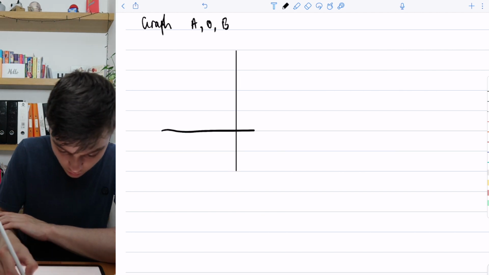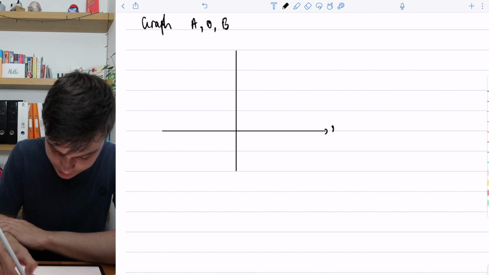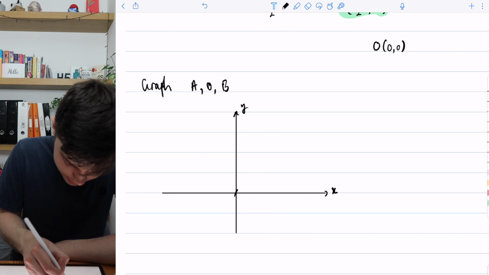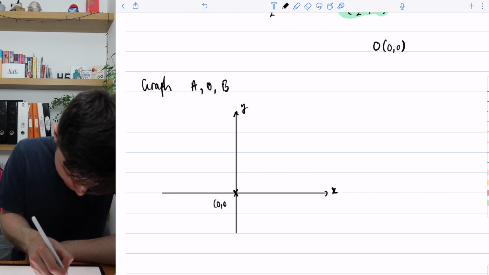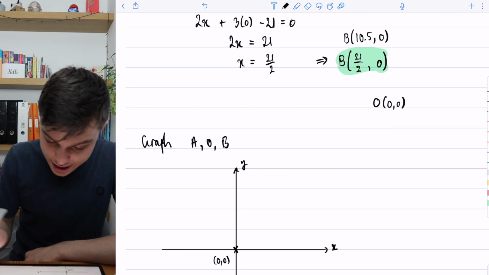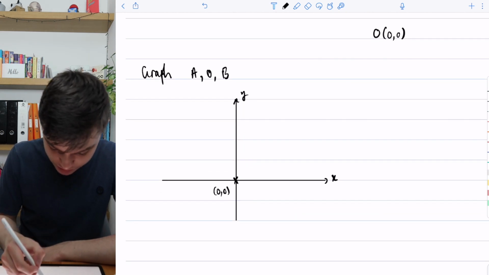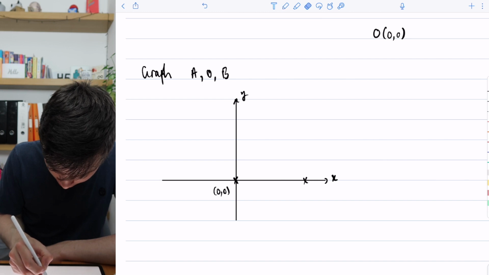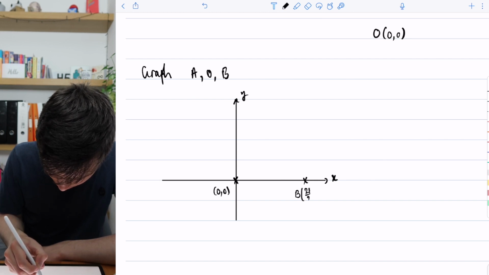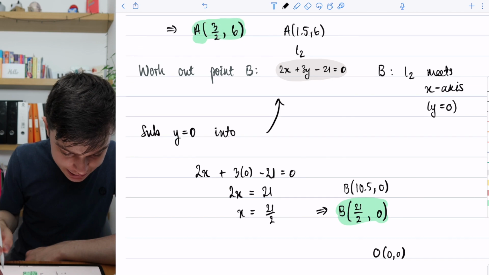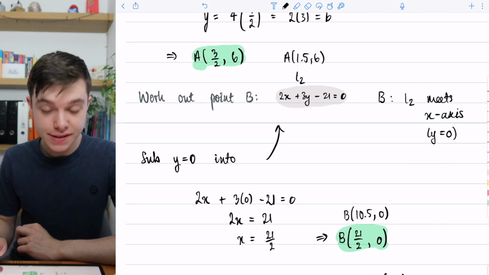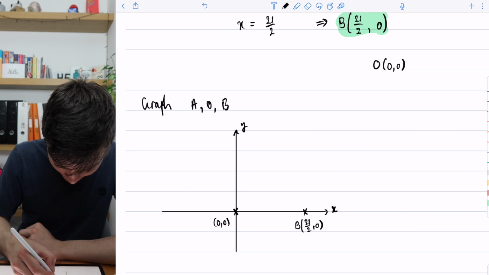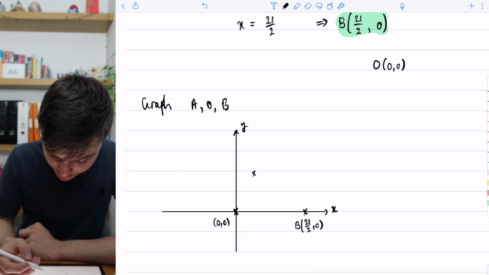So here is my x-axis, there's the y-axis, and, well, the origin is there, 0, 0, okay? B is at 10.5, 0, so let's say that's somewhere about there, that's B, and I'll write it as a fraction now, 21 over 2, 0, and A is at 1.5, 6, so A, 1.5 is about there, and 6 is about there.